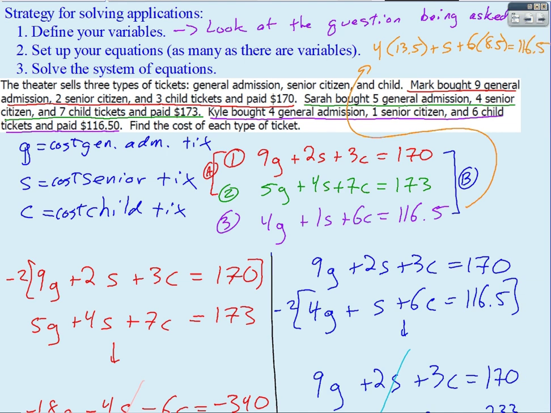So that's going to give us 54 plus S plus 51 equals 116.5, so we're going to get S equals 11.